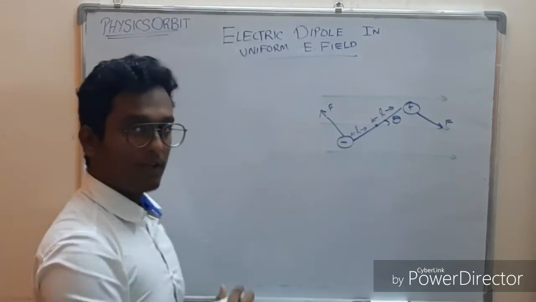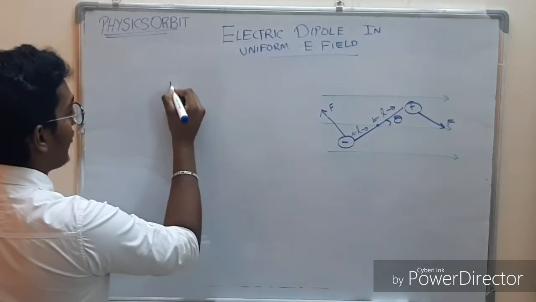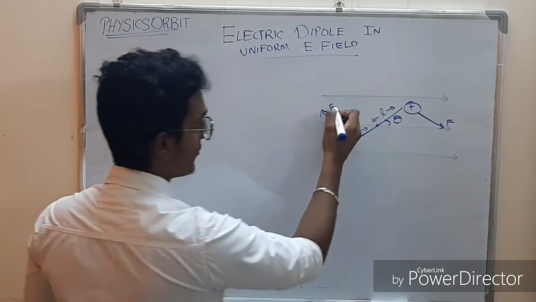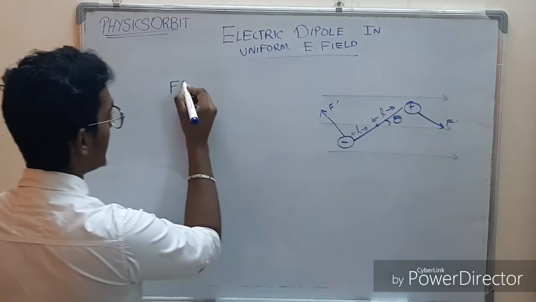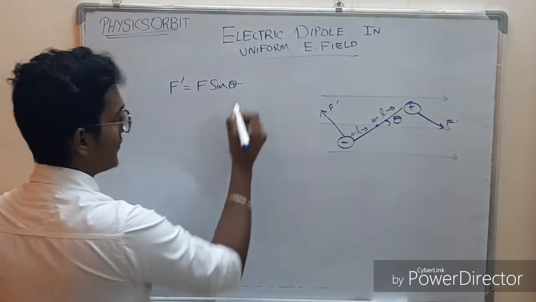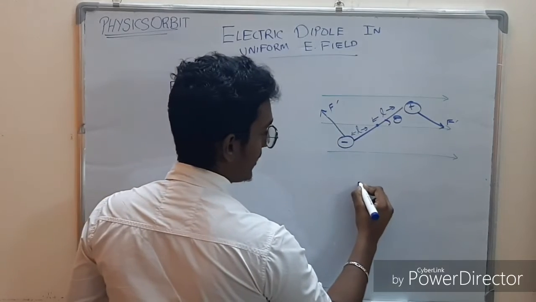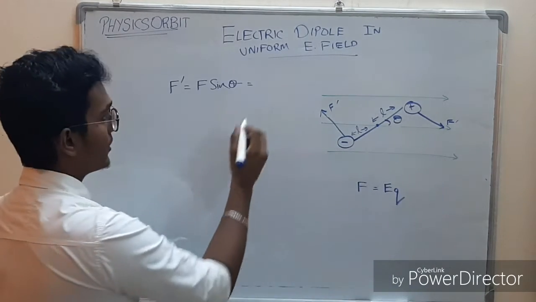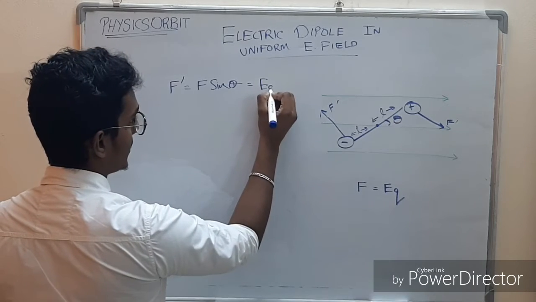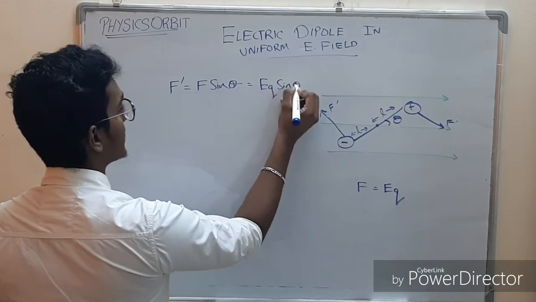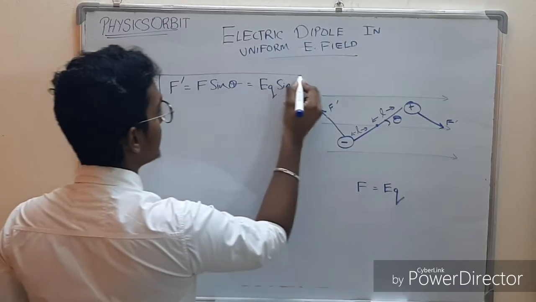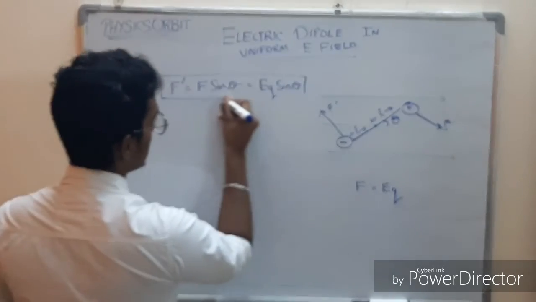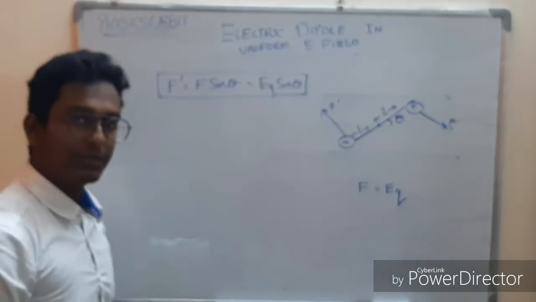Okay, so we have found both the forces, let me name them F dash. F dash equals F sine theta, and we know that F is equal to E times Q. So I'm going to rewrite this as EQ sine theta. So this is the equation for both the forces having the same magnitude.